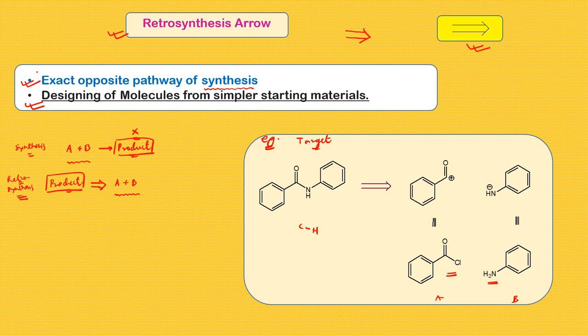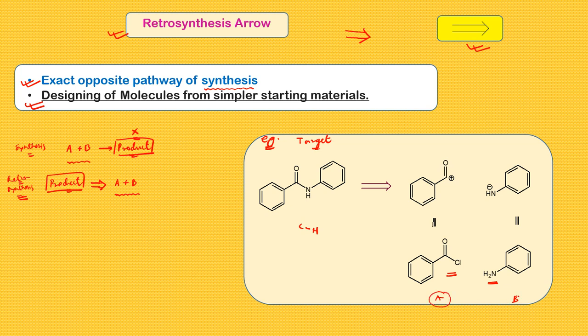This representation is related to those practitioners of chemistry who are dealing with more complex molecules. If it is a simple transformation, we can easily identify the possible substrates. But suppose we are dealing with complex molecules, then we need to understand what the possible substrates are.